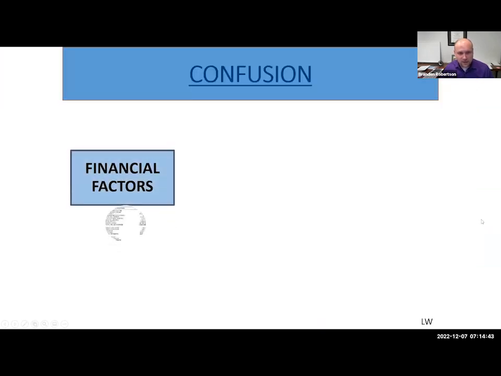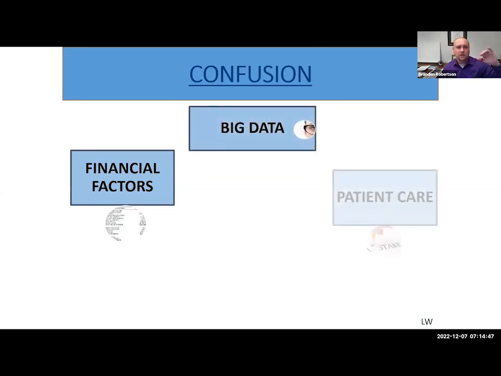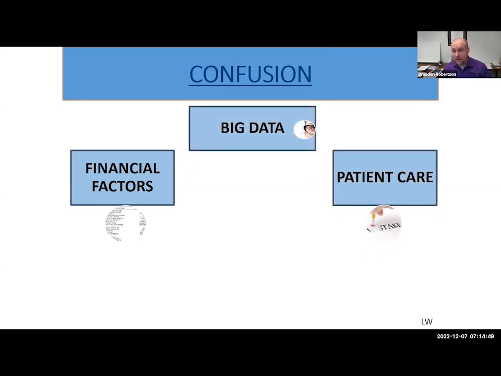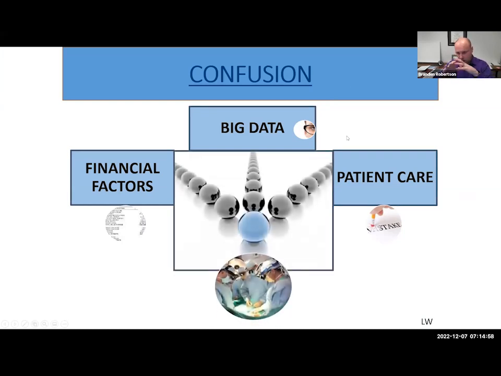So in healthcare, all of this big data that we just talked about, and the financial factors associated with that, much of that's publicly reported now, and then there's patient care, and that leads into this complex confusion. What am I supposed to be doing as a provider?